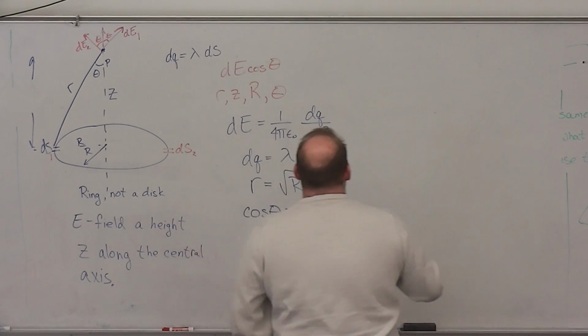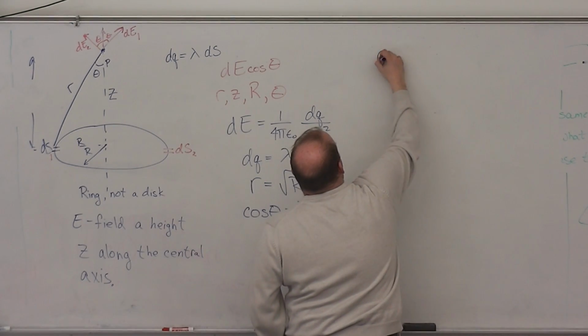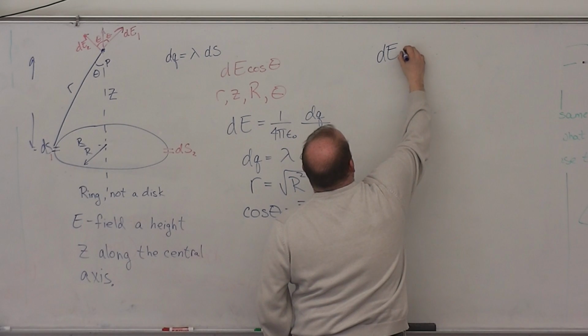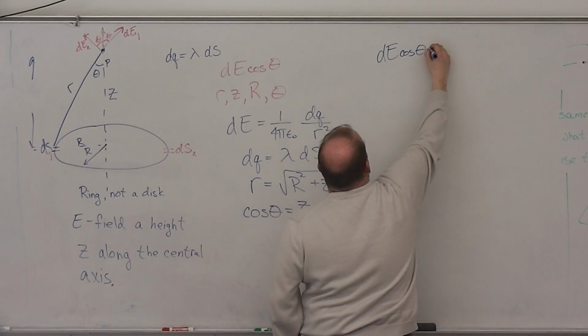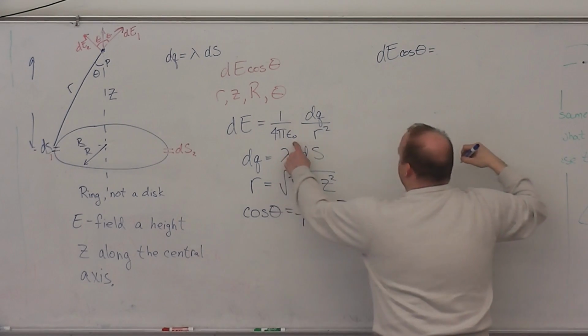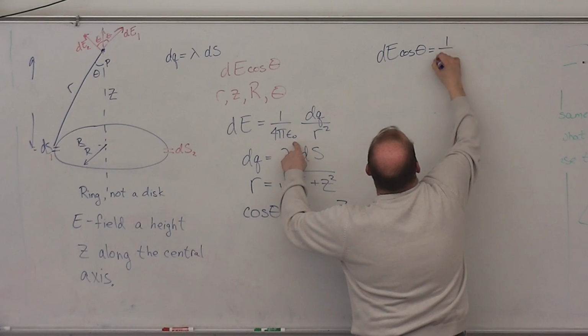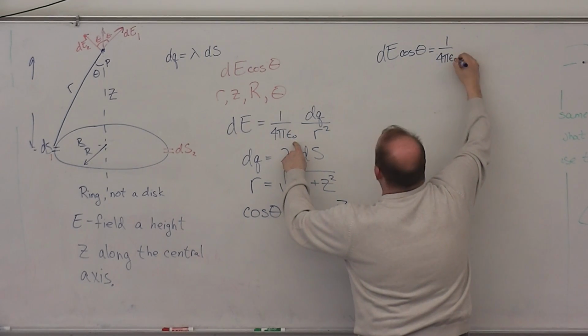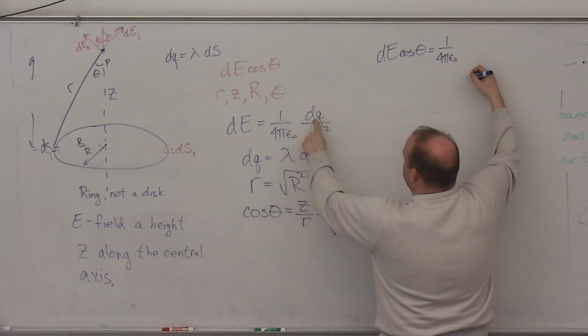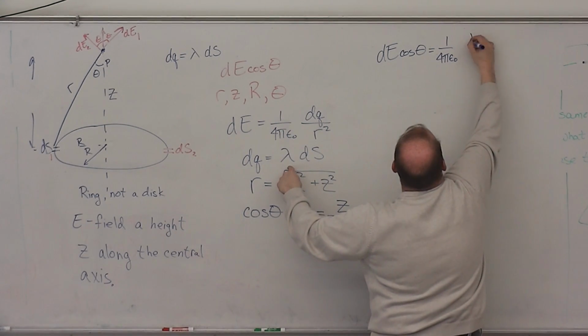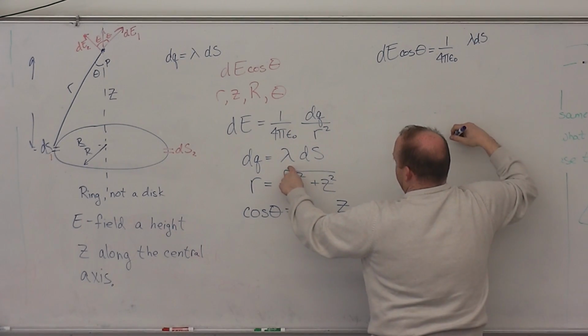So now, again, we don't want dE, we want dE cosine theta. dE was 1 over 4 pi epsilon naught dQ, which we said was lambda ds. We're just doing a whole bunch of substitutions now.